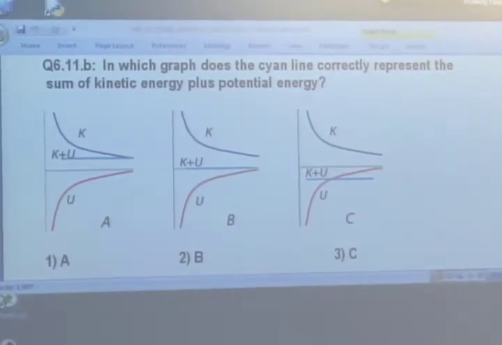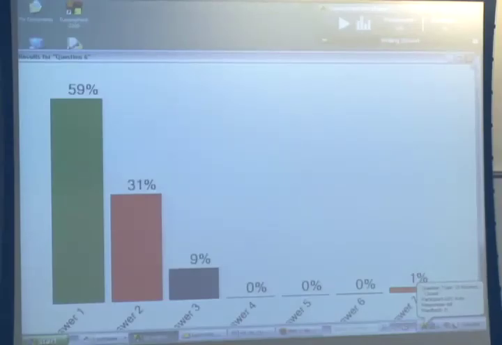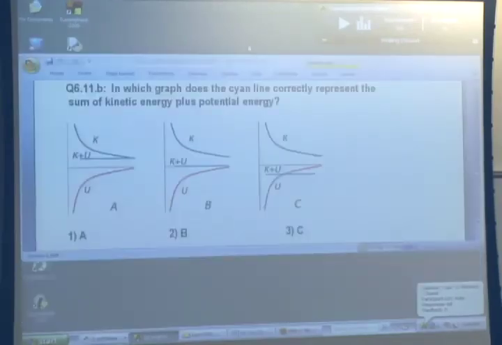Which one correctly shows the sum? That's the cyan line there. We're just adding graphs here, doing a little math. We'll talk about what the system is in a minute. Okay, well, I'm glad we did this little exercise.